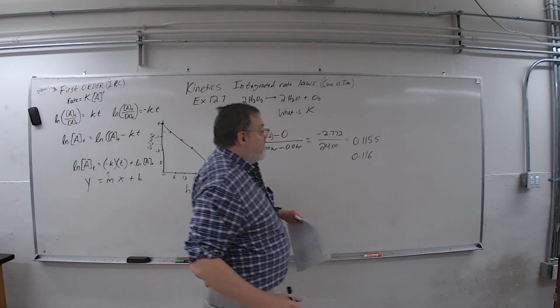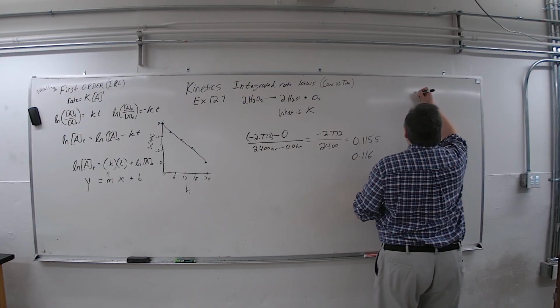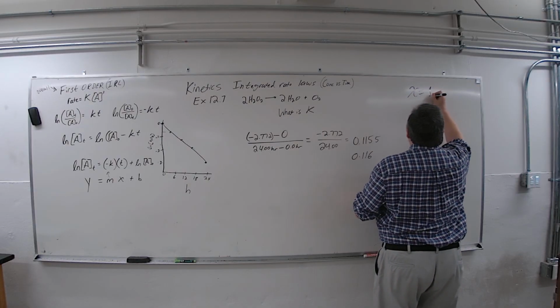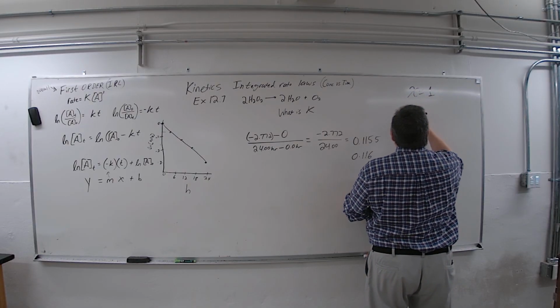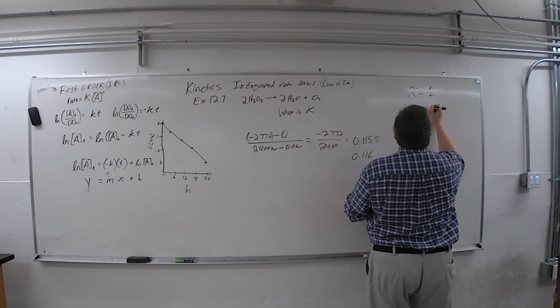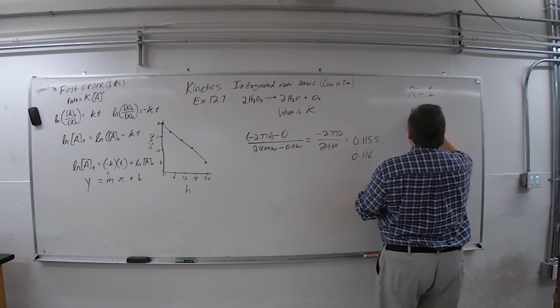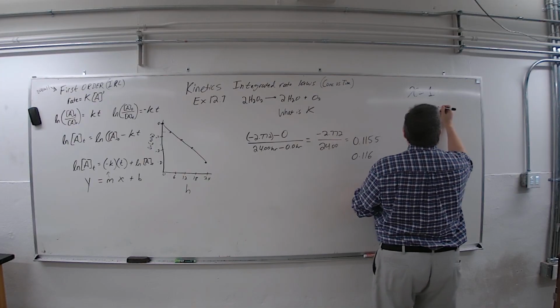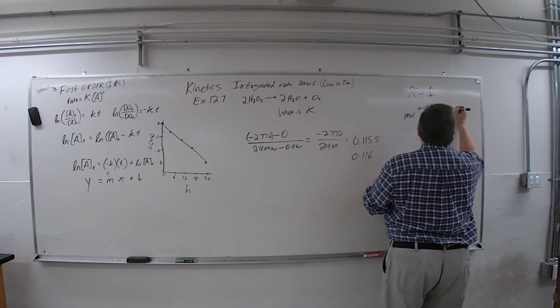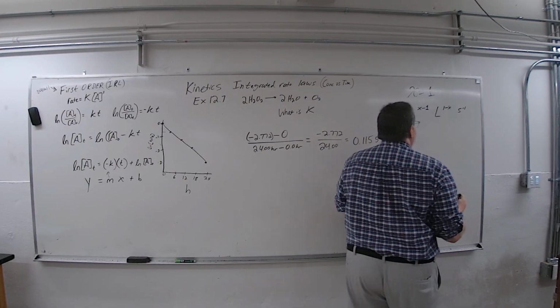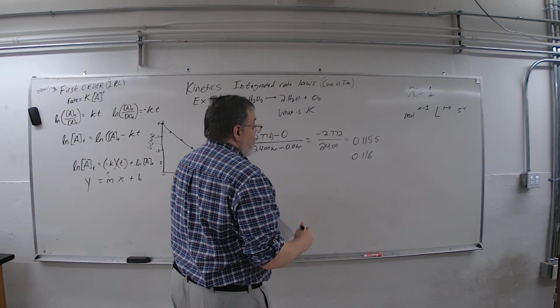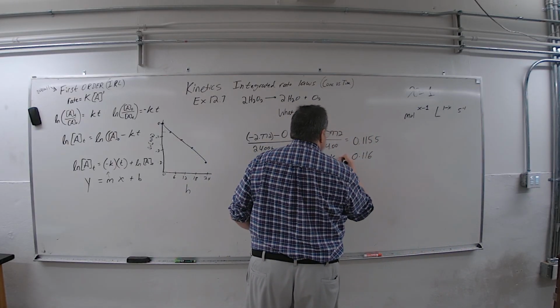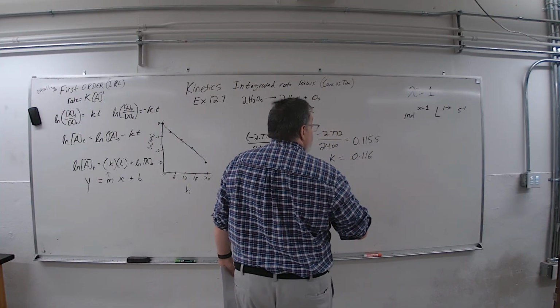The equation for first order is in liters, x minus 1, and it's moles, liters, 1 minus x. So if you want to put units on K, K equals x minus 1.